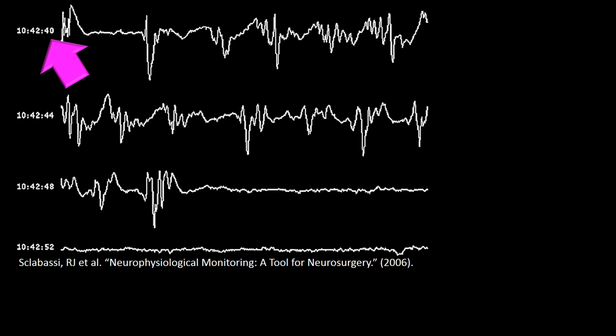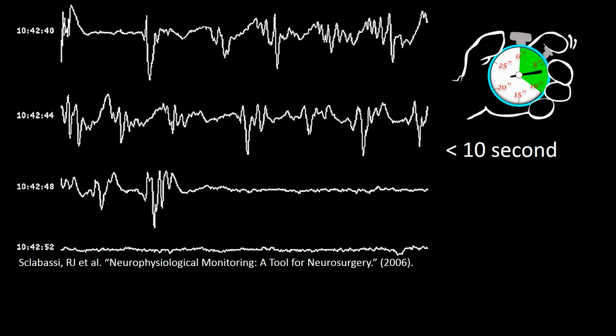In this case, the seizure started at 10:42:40 and stopped at around 10:42:50. Seizures triggered by stimulation are usually short, lasting less than 10 seconds once the stimulus is withdrawn.